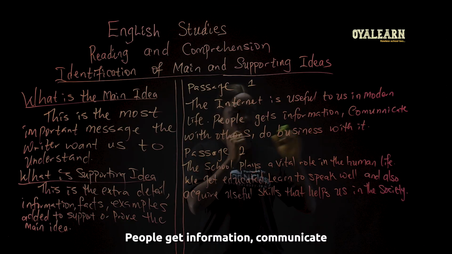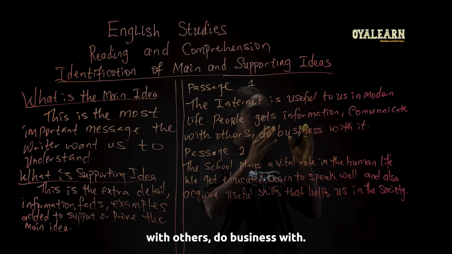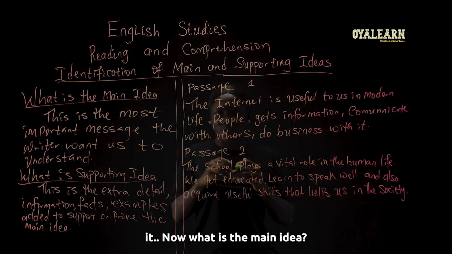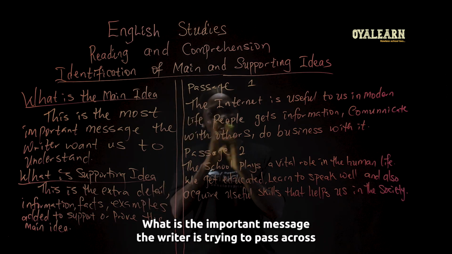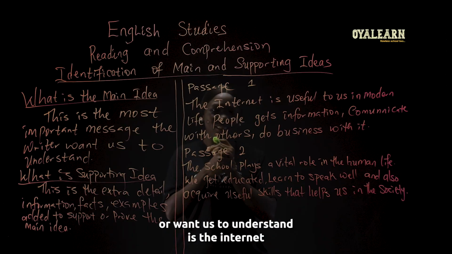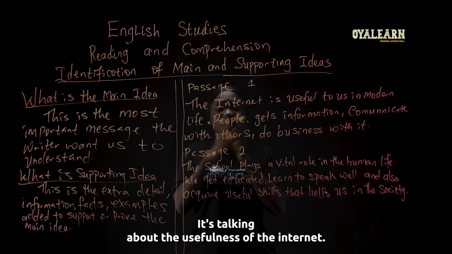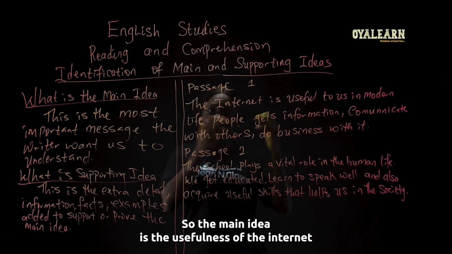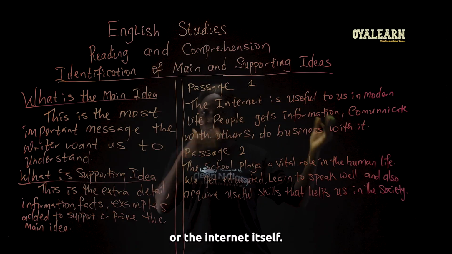People get information, communicate with others, do business with it. Now, what is the main idea? What is the important message the writer is trying to pass across or wants us to understand? It is the internet. It's talking about the usefulness of the internet. So the main idea is the usefulness of the internet or the internet itself.